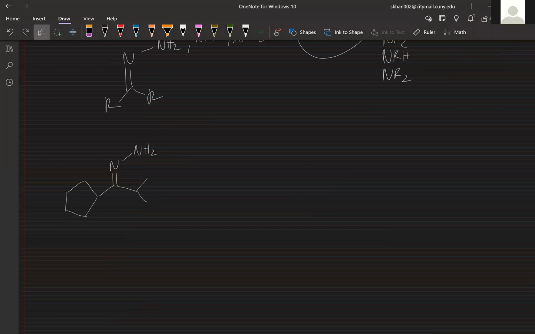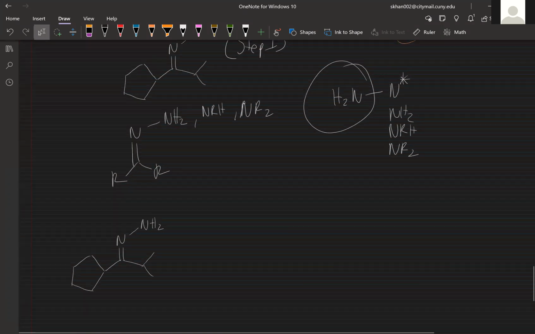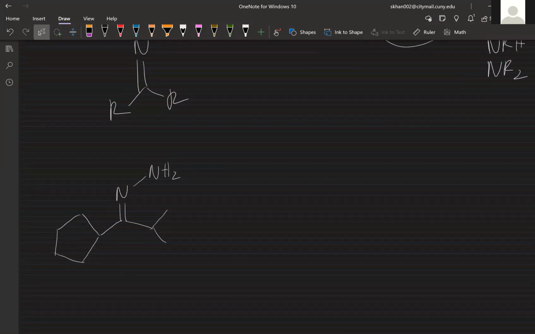And this is the actual Wolff-Kishner reduction part, where it's basically now what happens. I don't know actually if it would work with NR2s now that I think about it. Or the mechanism would be slightly different. It should still work. But basically the base interacts with the other nitrogen.